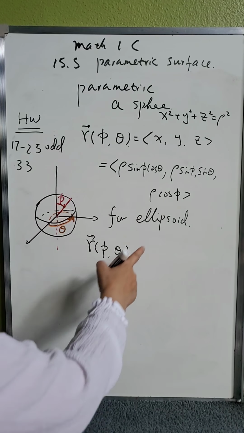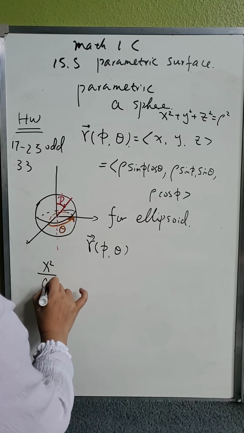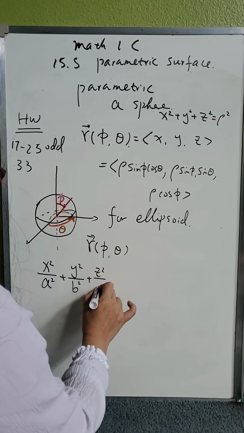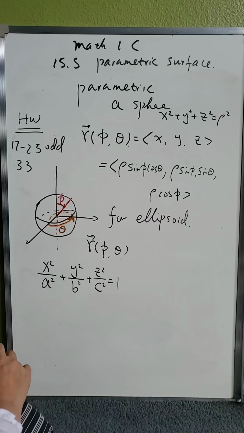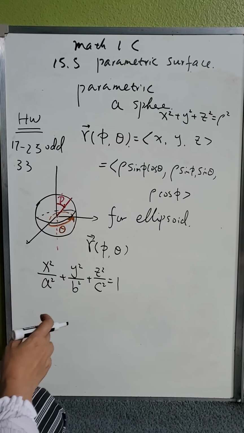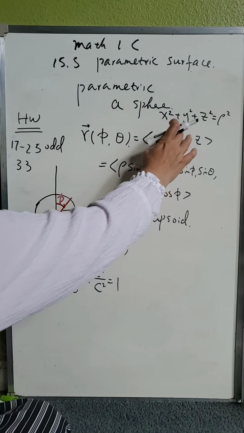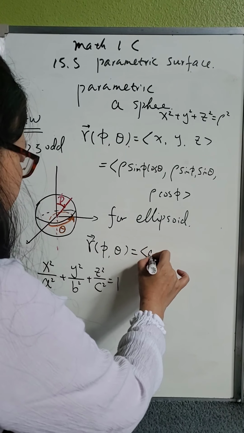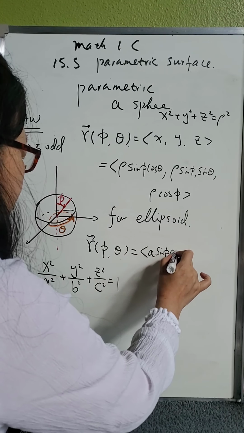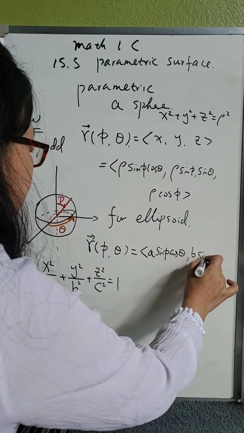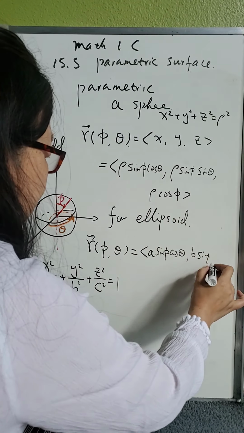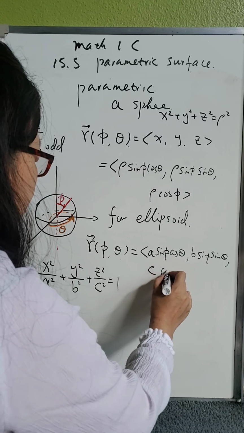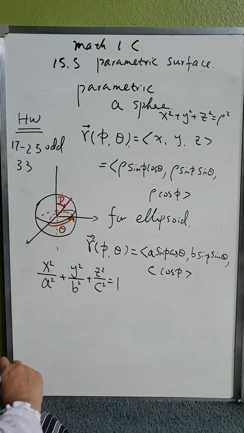Now for ellipsoid, that's for ellipsoid, that's for sphere, okay? And I use a, b, c here. So then it comes out to be a, b, and then c. So that's how you do it for ellipsoid.